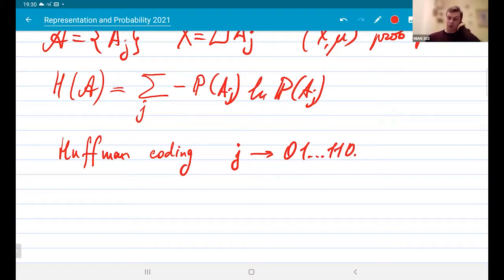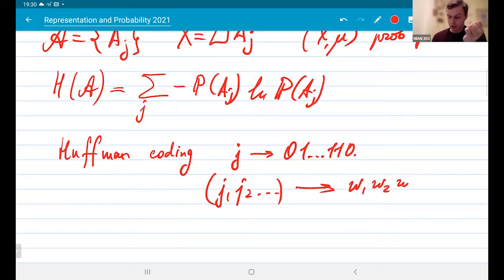Now assume that you need to transmit many such sequences. So you have j1, j2, and so on. And this, of course, gives you the word, so let's call it Wj, and so on.